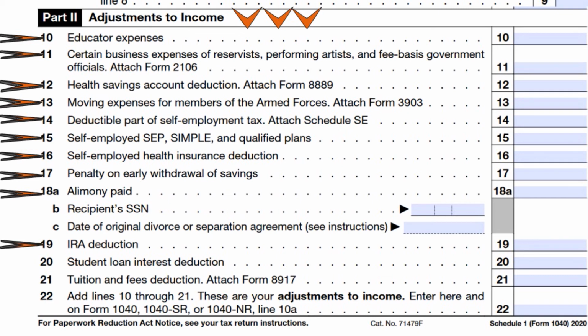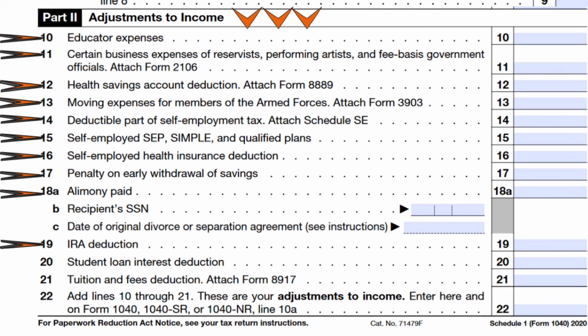All right. Line 19 allows you to deduct contributions you made to a traditional IRA as long as, and this is a big as long as, you made it with money you already paid income tax on. So a traditional IRA allows you to save money without paying income tax until you actually withdraw the money. So this deduction, if you really think about it, pays you back for the income taxes you already paid on your contribution.